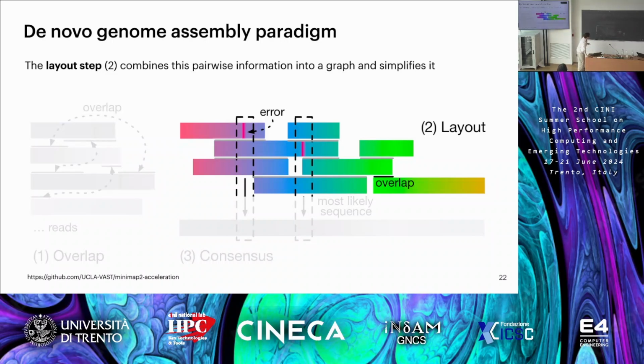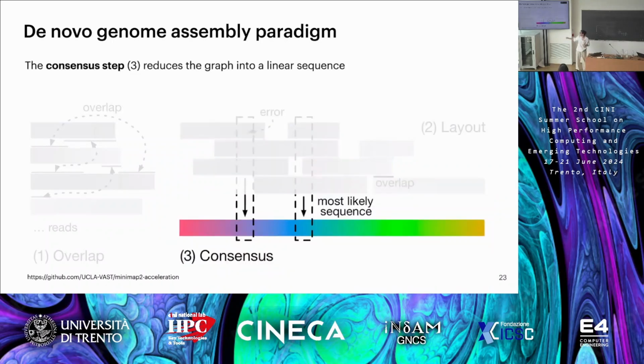If you have a bunch of connections here and here, you might be able to remove some of these without losing any information, but it will make your graph look simpler. That's what the layout phase does. And then in the consensus, you try to collapse that graph into a linear sequence. Usually the process is not this clean, but that's the high level idea.